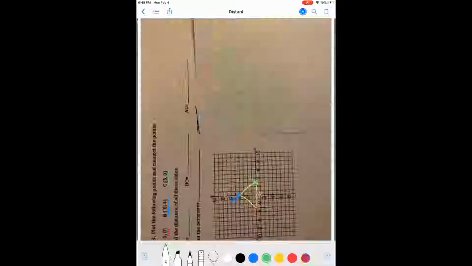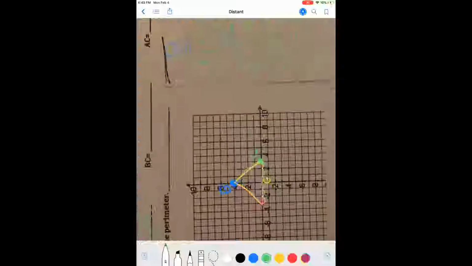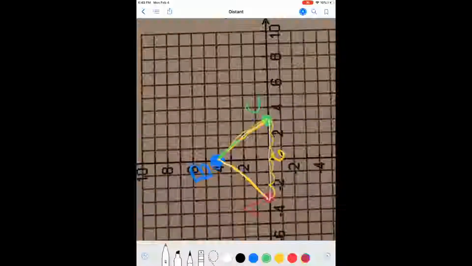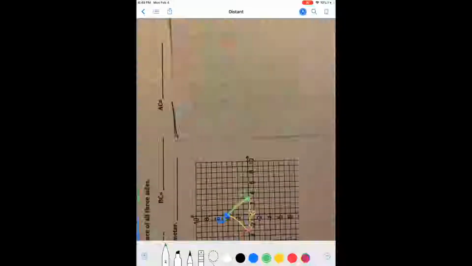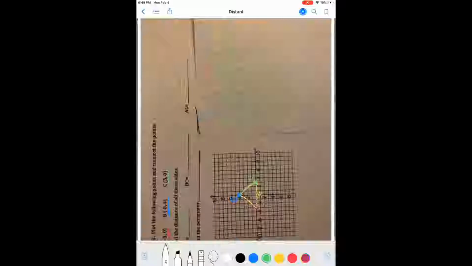Now we've got to figure out our B to our C. Again, our B to our C, which is right here, was diagonal from each other, so we can't just count the boxes. So let's do our B was 0, 4, and our C, trying to keep it color coded for the people that do have OCD.